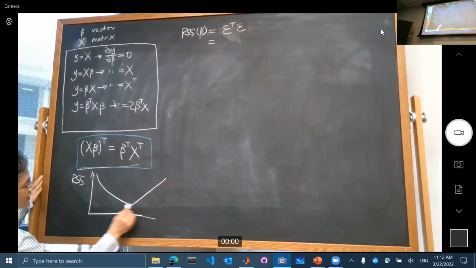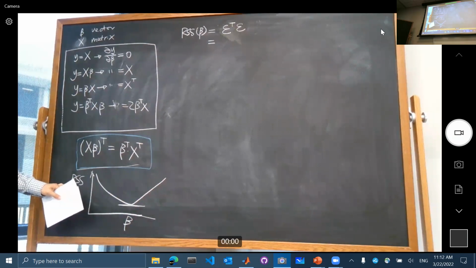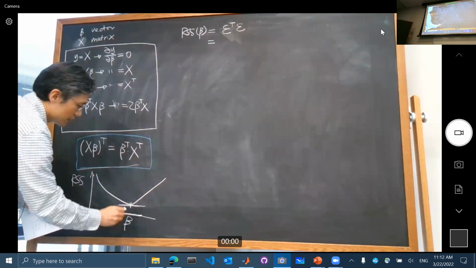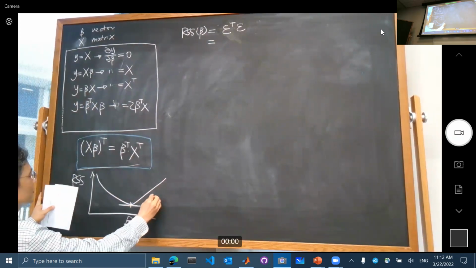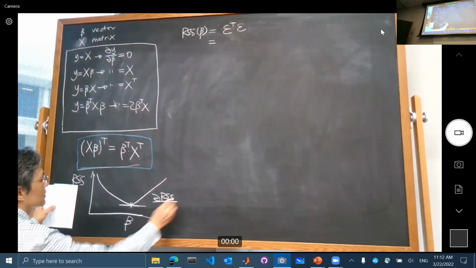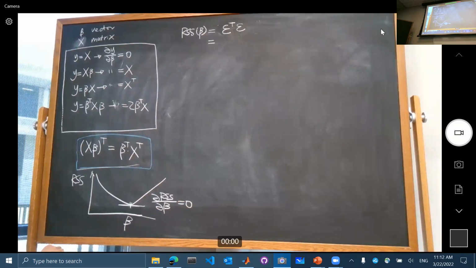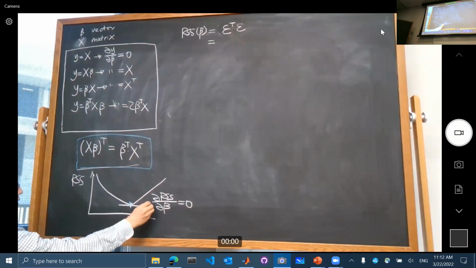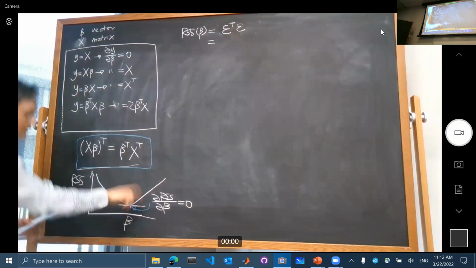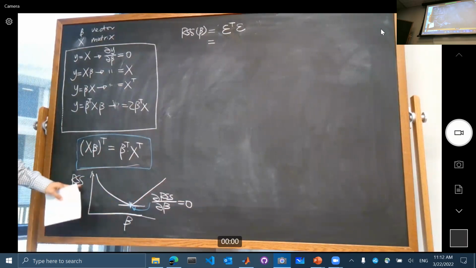This change of RSS with beta could be something like this, and we try to find a place where the change of beta has no impact on RSS. That place satisfies the derivative of RSS, partial of beta, being zero. That's our solution, the point which provides the combination of beta giving the smallest value of RSS.